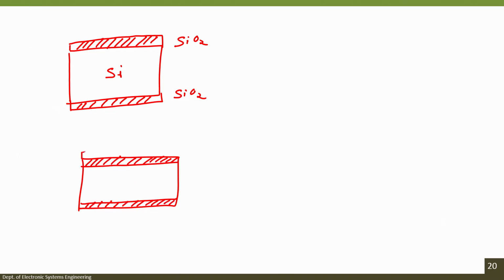On this PDMS, we will spin coat PEDOT:PSS, on which there is a thin layer of silver.